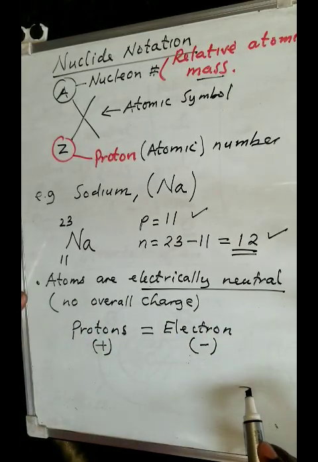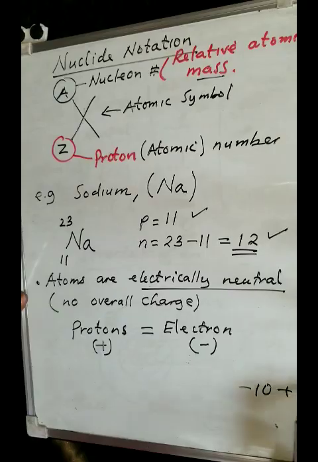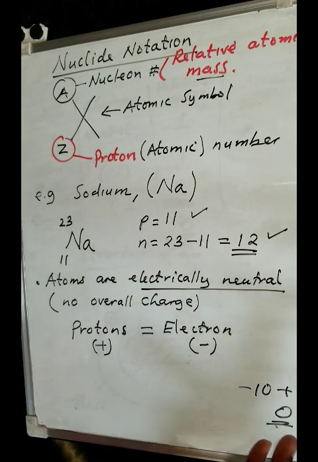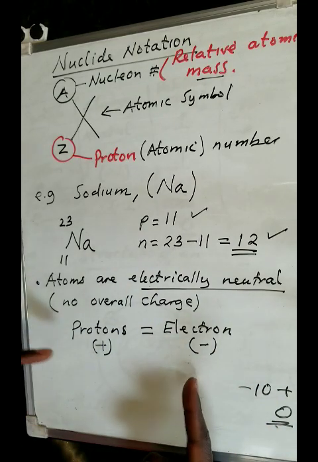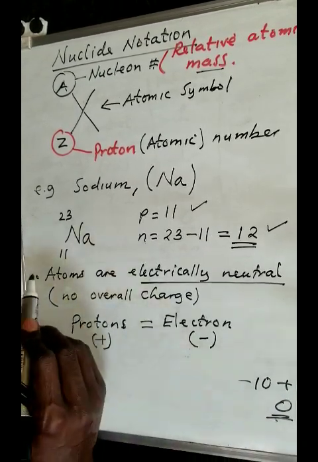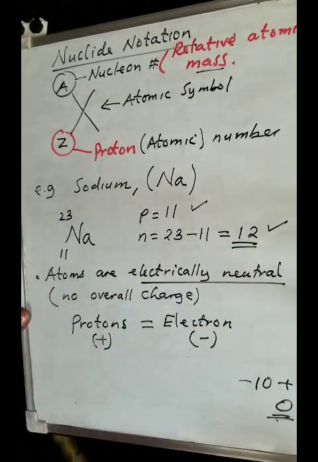It's like me telling you negative 10 plus 10. What will that give you? It gives you 0. So because the number of positive and negative charges are the same, no wonder an atom is electrically neutral. This is a very important point that you need to remember.